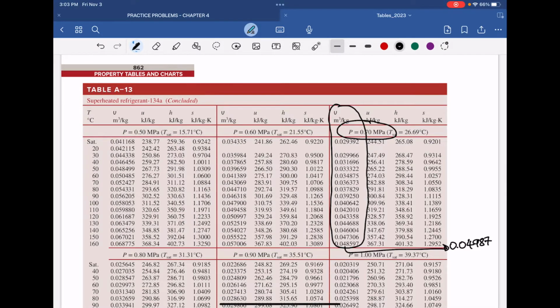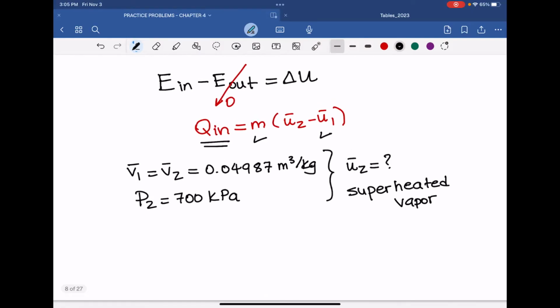So that means you're not going to interpolate, you're going to extrapolate. What does that mean? It's basically similar to interpolation. It's just we need to find the data outside of what is given. So basically, let's read the last two values here for the specific volume and the corresponding internal energy. We go back and write it down.